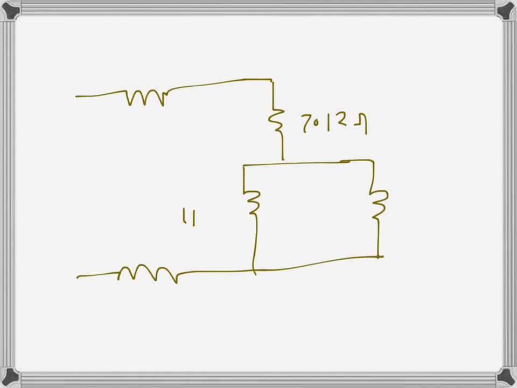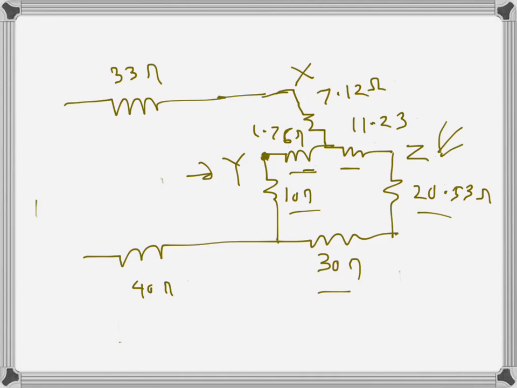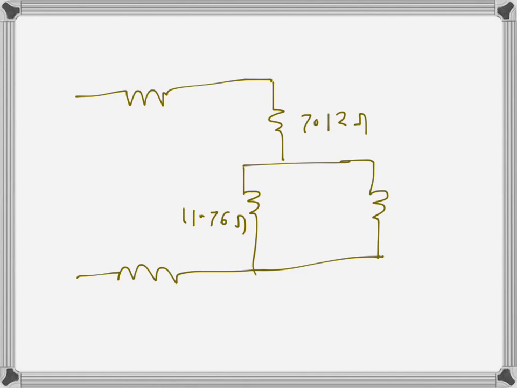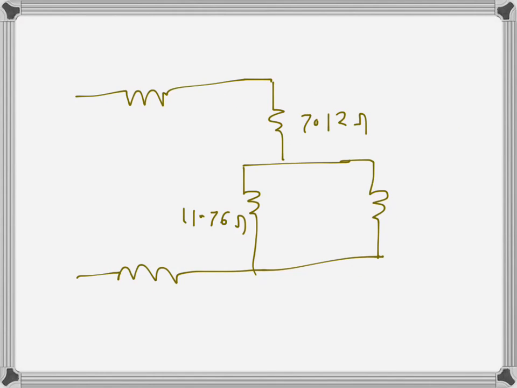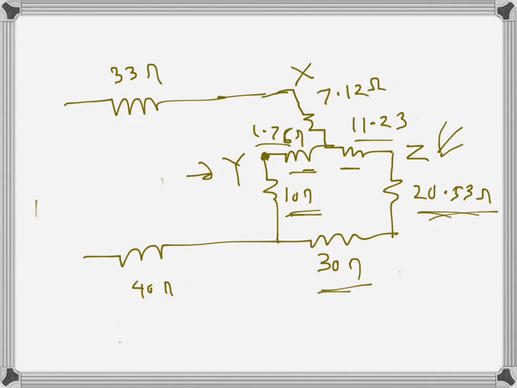So this value will be 11.76 ohms, just the sum of these two series resistances, and this side will be the sum of 11.23 plus 20.53 plus 30, which is 61.76 ohms, because these are in series.